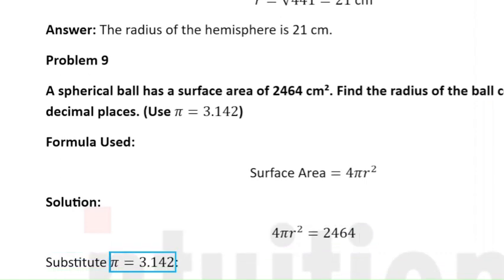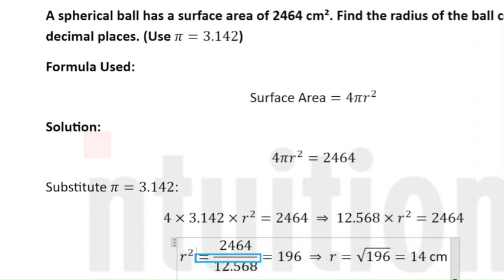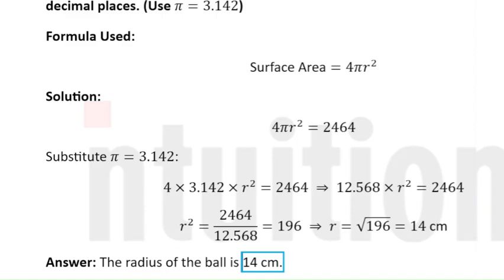Substitute pi equals 3.142. 4 times 3.142 times R squared equals 2464 implies 12.568 times R squared equals 2464. R squared equals 2464 over 12.568 equals 196 implies R equals square root of 196 equals 14 cm. Answer: the radius of the ball is 14 centimeters.